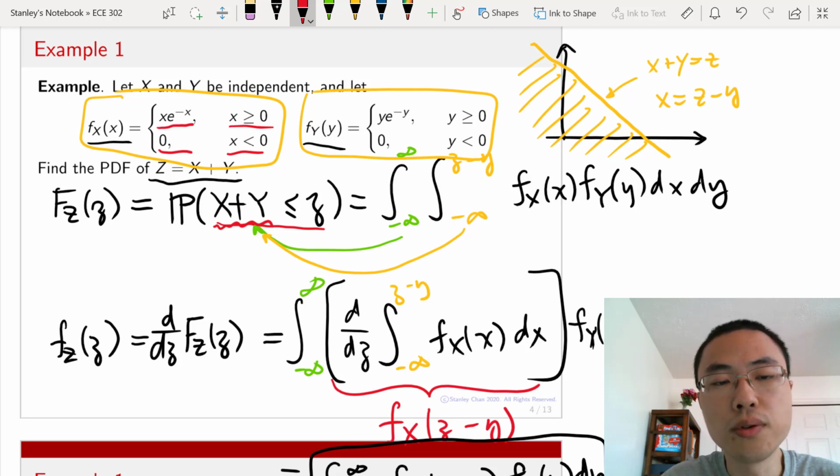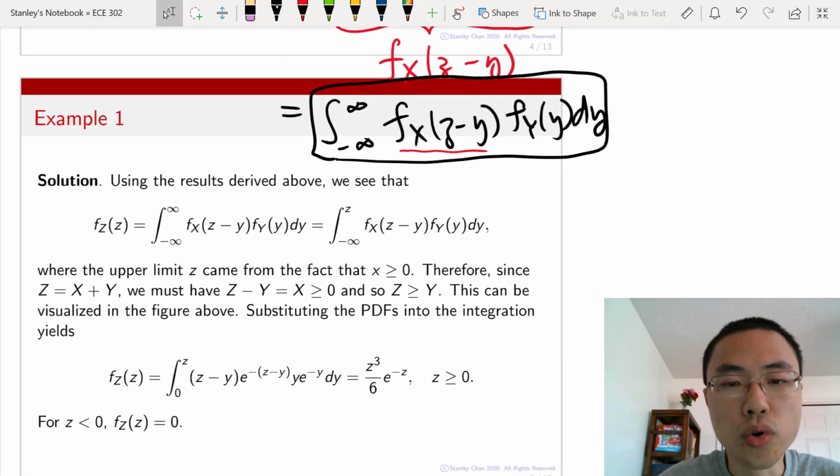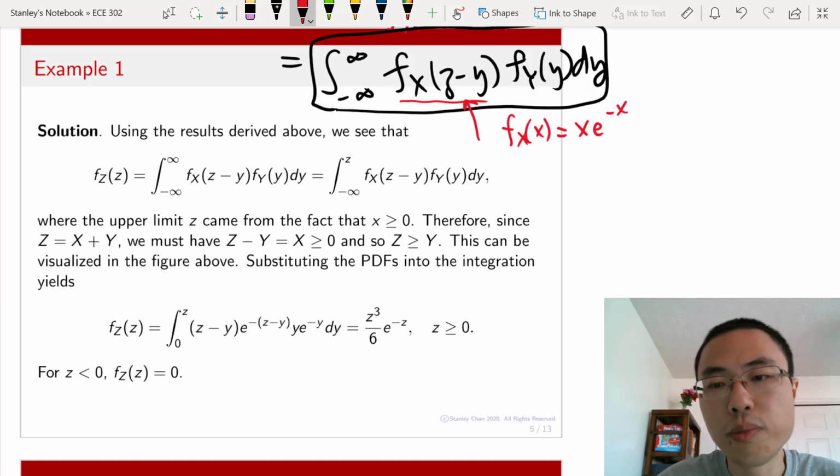For this convolution to work, we substitute fx, which according to our definition is x e to the minus x, for x being positive.